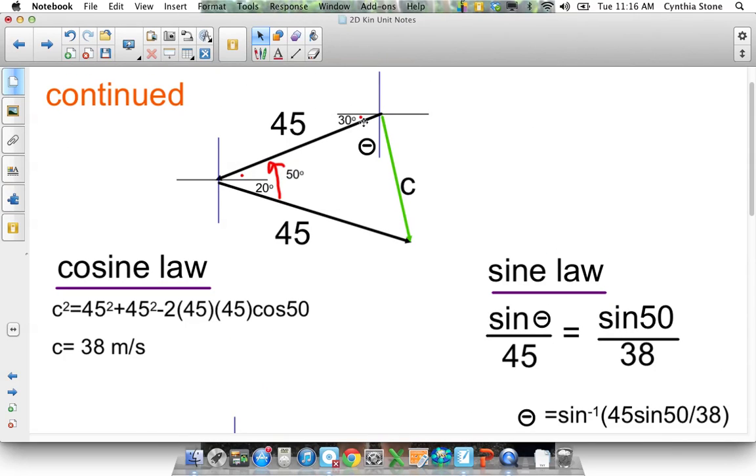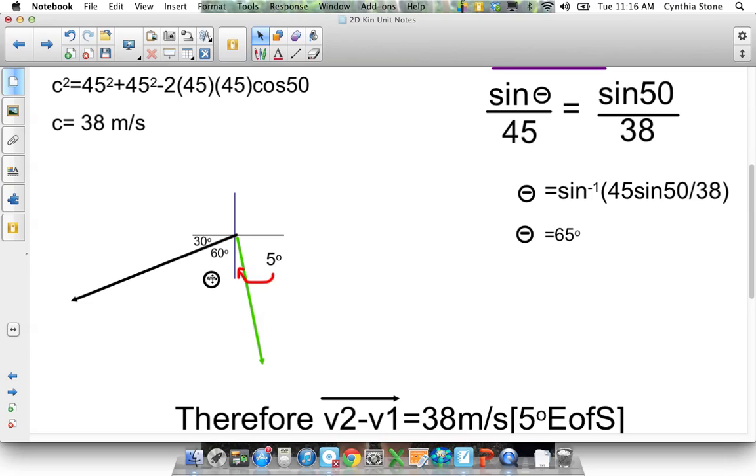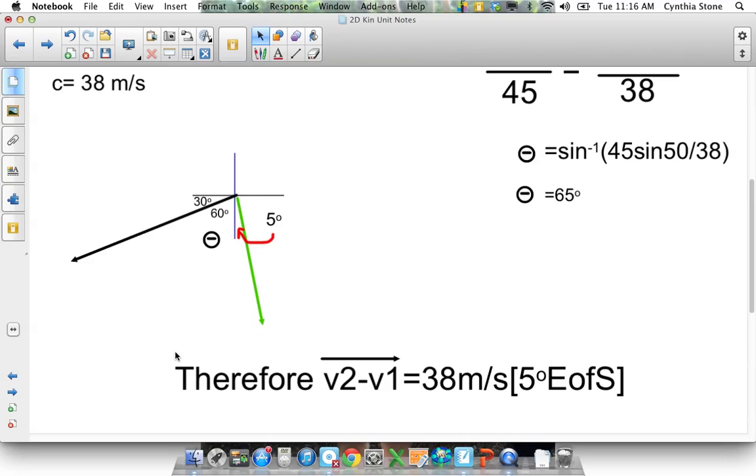Looking at just this part in here, the little bit that the green is east of the south is 5 degrees, because this is 65 and I know this is 60, since these two have to add up to 90 to fit in here. And so my final vector is 38 meters per second, 5 degrees east of south. I'll put a check mark on that. It's a good answer.